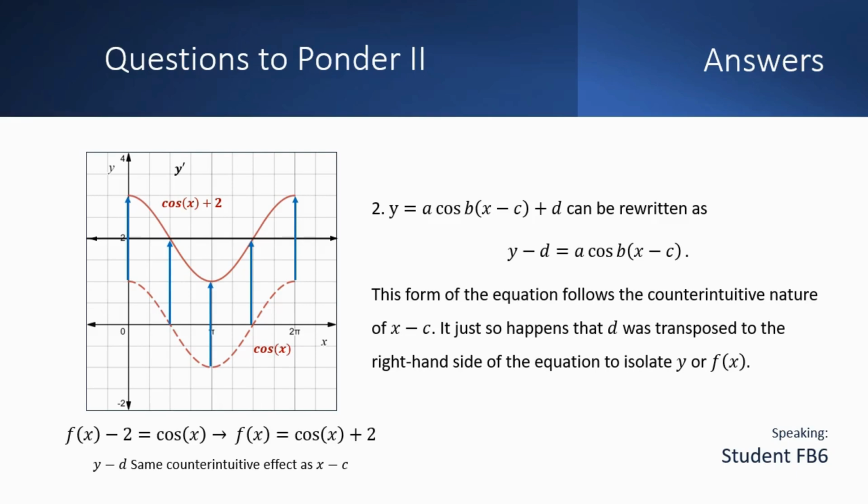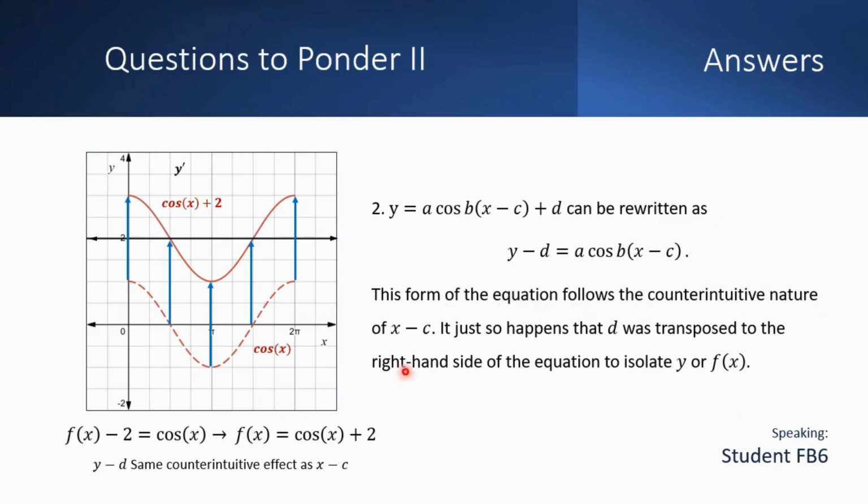So for the second one, we have y is equal to a times cosine of quantity b times quantity x minus c, all plus d. It can be rewritten as y minus d is equal to a times cosine of quantity b times quantity x minus c.